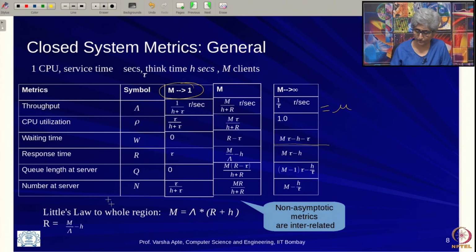Then we have response time was m tau minus h, q length was m minus 1 tau minus h by tau, and this is number at the server is m minus h by tau.